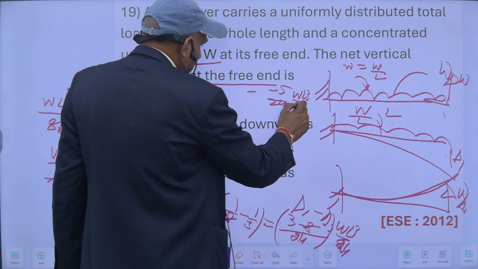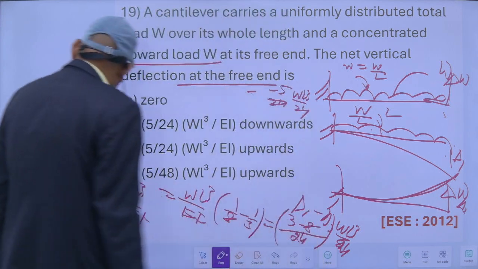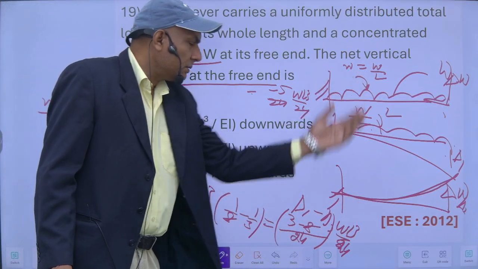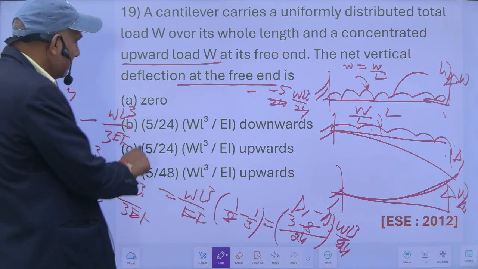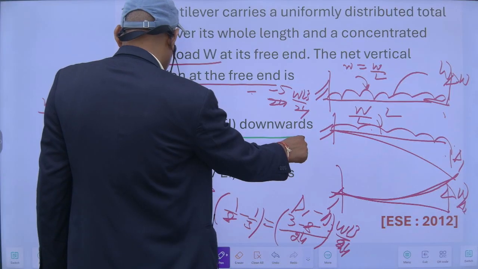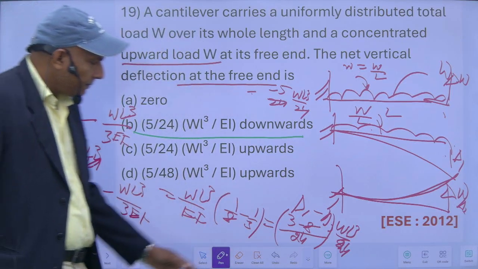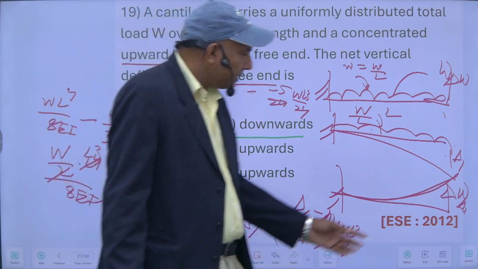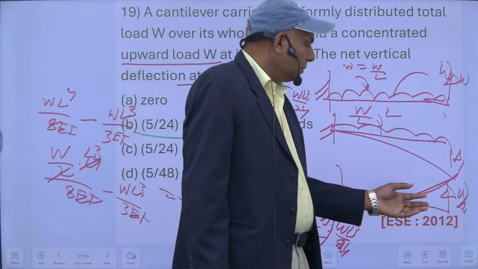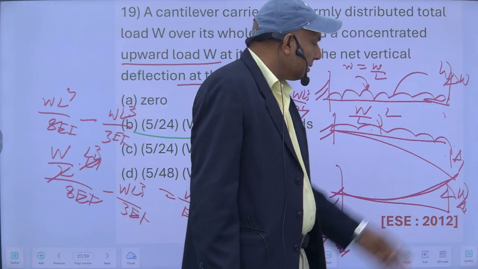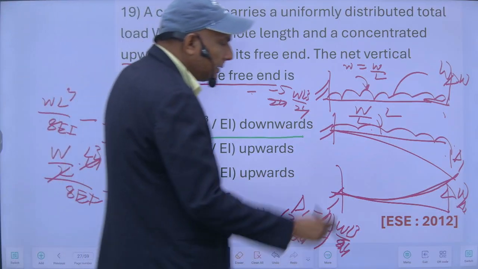So WL cube upon 24, and my net deflection is in the upward direction. This is 5 upon 24. Since this is minus, it means the upward deflection is more. So minus means my deflection is in the upward direction. So this one is the right option.